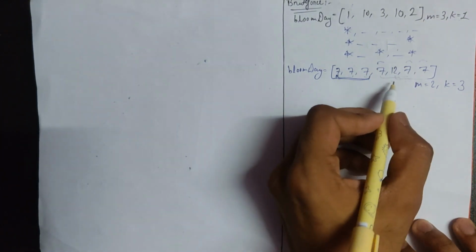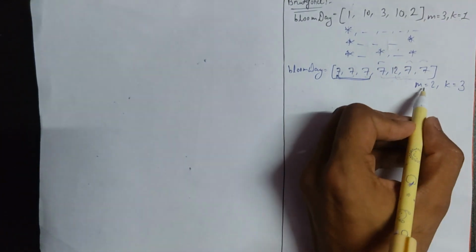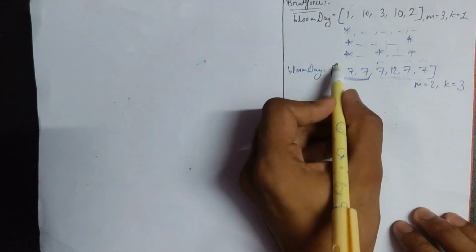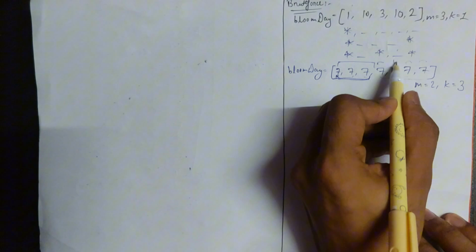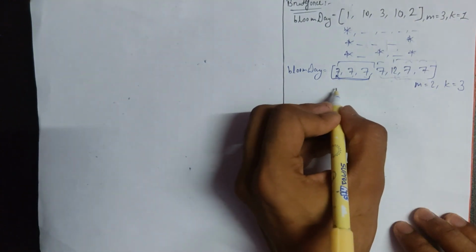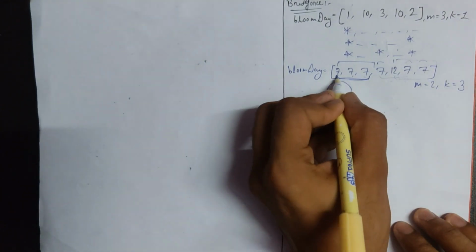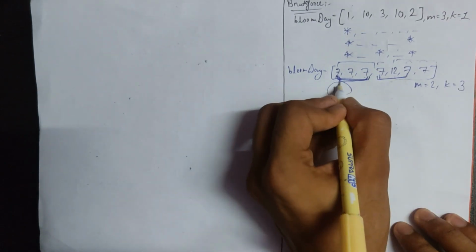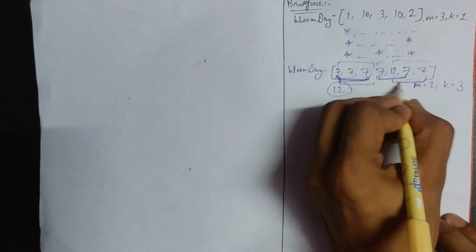And given the value of m equal to 2, we have to take at least 2 groups. So in this example the answer will be 12, as after 12 days we can take this pair and this pair, or this pair and this pair.